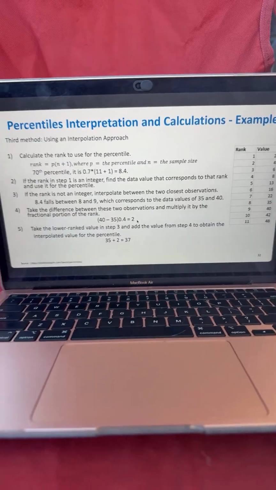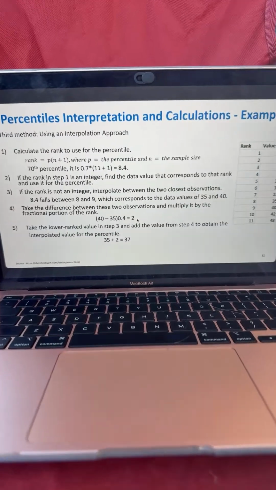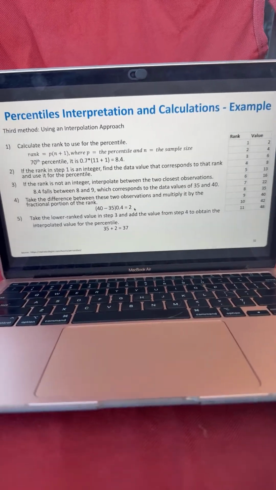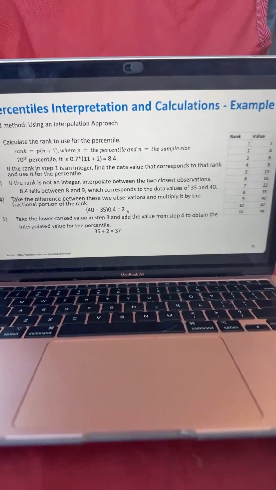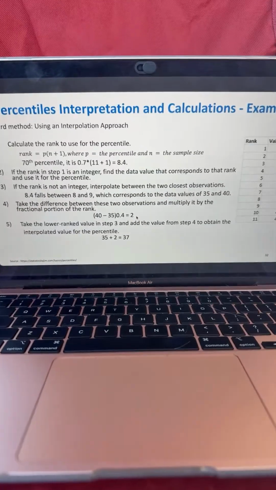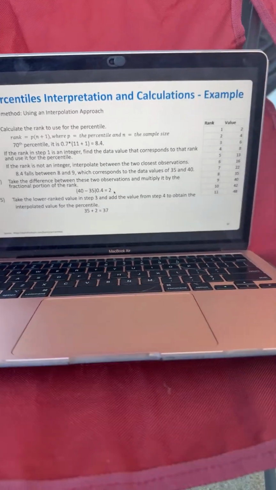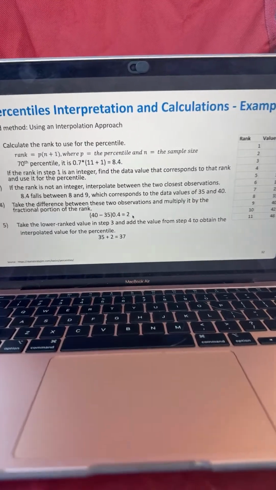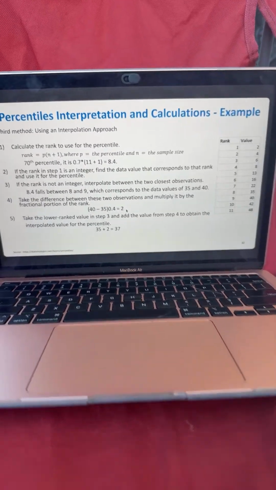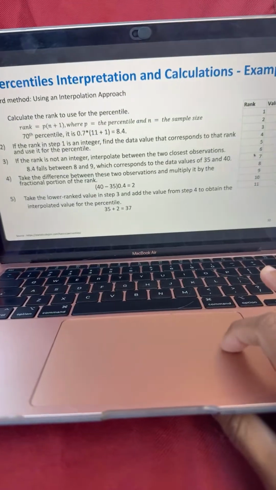Okay, so if the rank is not an integer, interpolate between the two closest observations. 8.4. So you take the lower one, subtract them, and multiply it by the fractional portion of the rank, and you get 2.